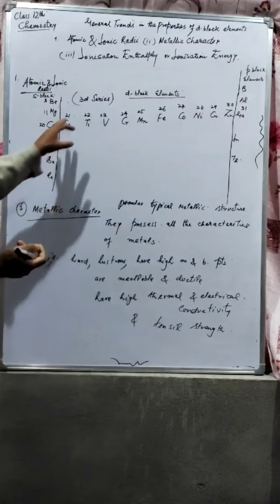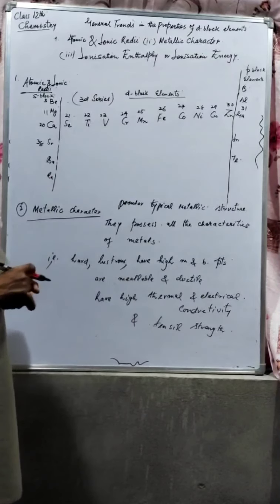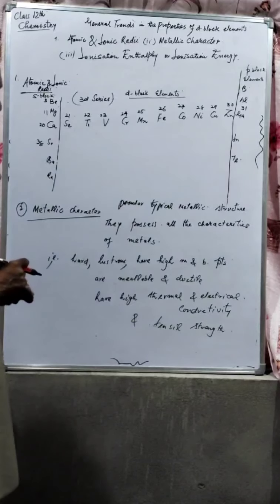So these transition elements or the d block elements show the metallic character.